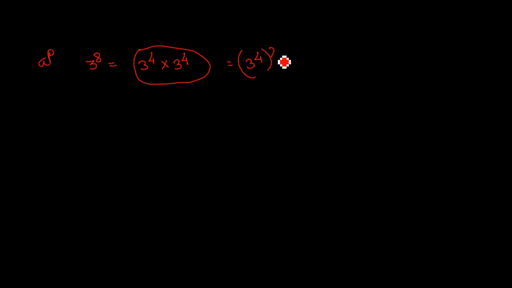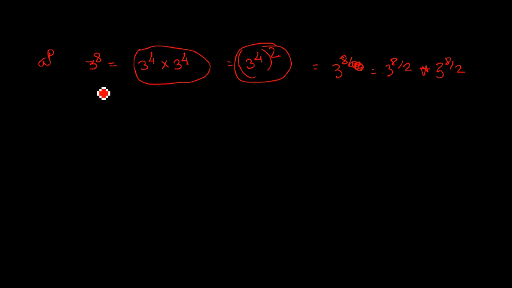So if we have a to the power p, something like this, or let me take an example. For example, we have 3 to the power 8. So what we can do, we can write it like this. These are some things I am writing which are all the same, all equal.